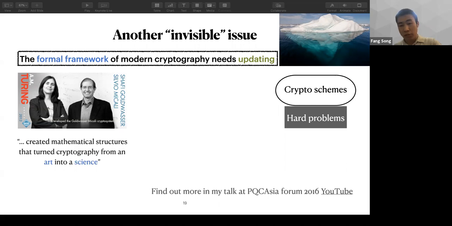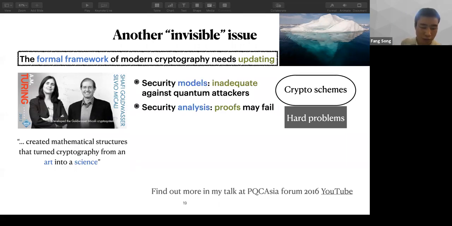Okay, so roughly, to talk about security, we first need to define precisely what security means in a security model. For example, what is the syntax of encryption? What kind of attackers do we consider? Right? And once we have a formal security definition, then we'll come up with a formal security analysis to establish the security.